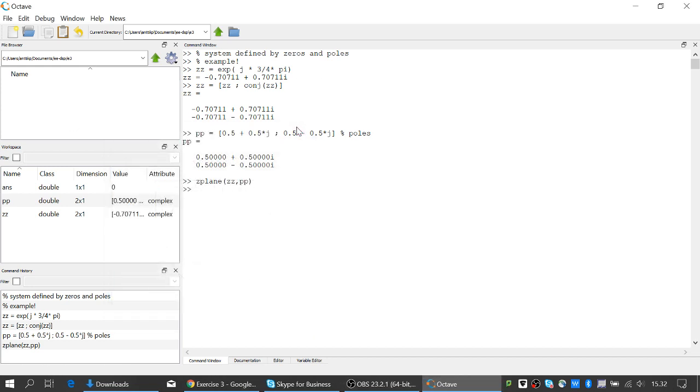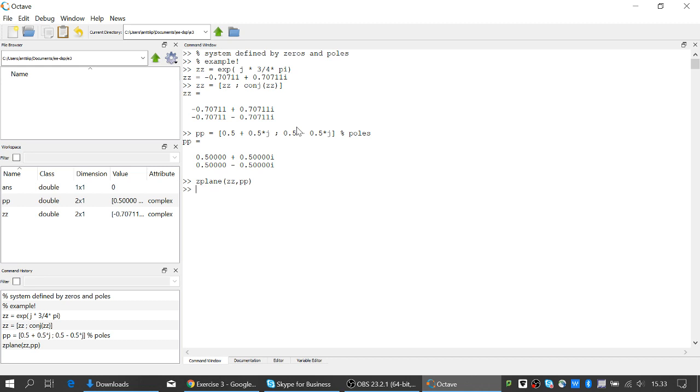How to calculate the corresponding system coefficients, A and B. A was the system coefficients, or polynomial coefficients, of the system, and the corresponding zeros or poles are the roots of that polynomial.